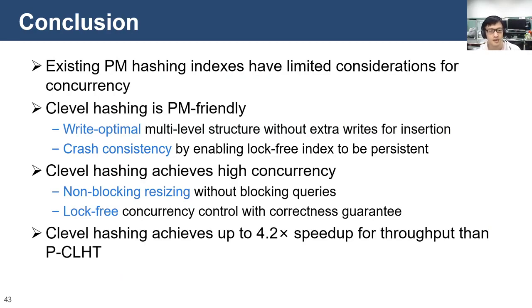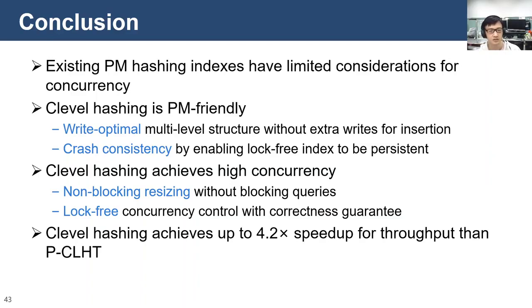In conclusion, existing PM hashing indexes have limited consideration for concurrency. We propose a PM-friendly and high-concurrency hashing index. The dynamic multi-level structure avoids extra writes for insertion. The crash consistency is guaranteed by enabling the log-free index to be persistent with small overheads.